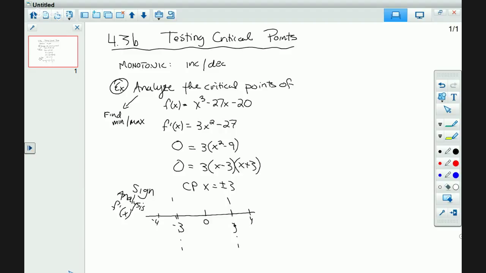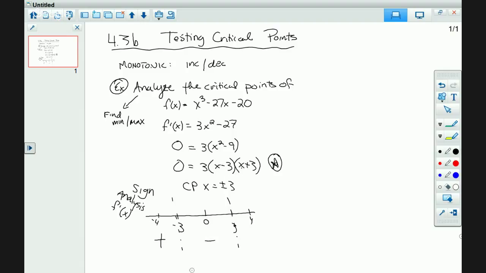So we're either going to be a max or a min, right? So -4, and I use this one here because all I need is positive or negative signs. So if I plug -4 in, I get a negative and a negative. What's a negative times a negative? It's positive. Then 0, negative, positive, right?